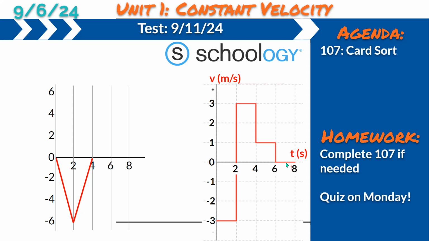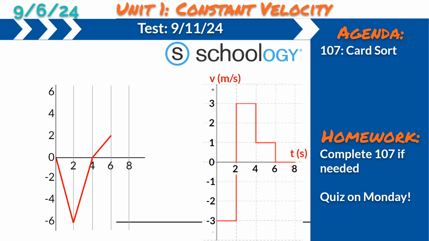Okay, again, if I go 1 meter per second for 2 seconds, that's exactly what you'd expect. So I need to be at 2 meters because I was at 0 at 4. So 2 meters forward brings me here at 6 seconds. Okay, and then from 6 seconds to 8 seconds, my velocity is 0, which means I'm not moving. And if I'm not moving, then my position can't change because I'm not going anywhere.